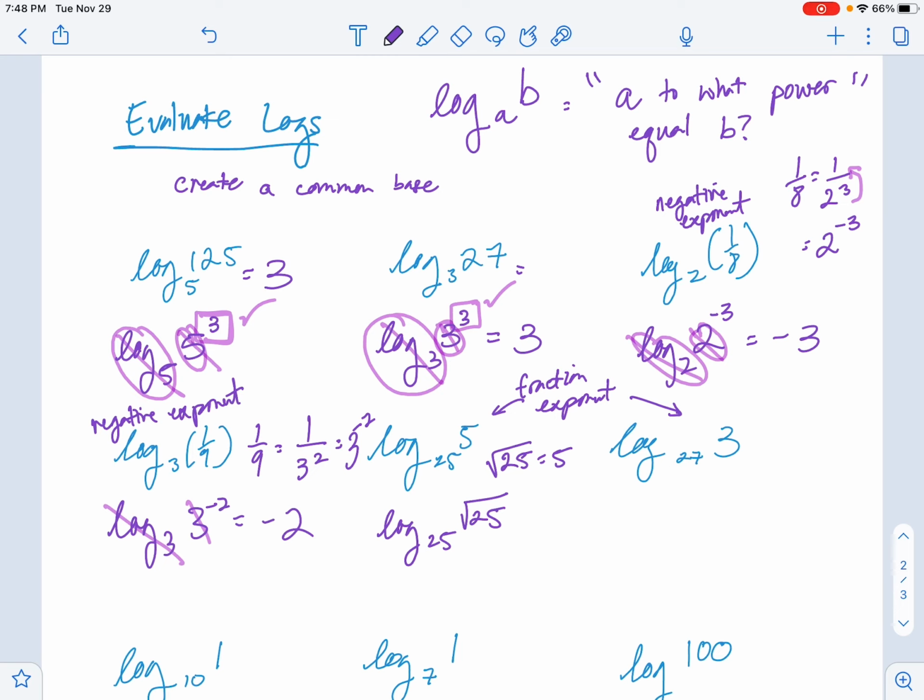I don't know what to do with that root. I can't cancel this out because this is a square root of 25. This is just 25. So how do I rewrite that as a power? Well, square root is the same thing as a power of 1/2. Okay, so again, square roots are the same thing as power of 1/2, a fraction power. So now that I have the same base of 25, I can just cancel those out, and my final answer is 1/2.